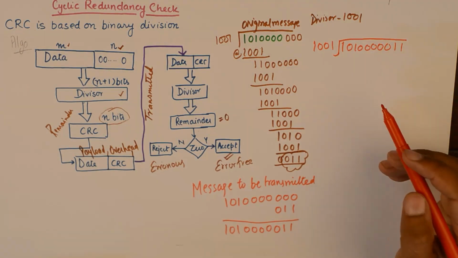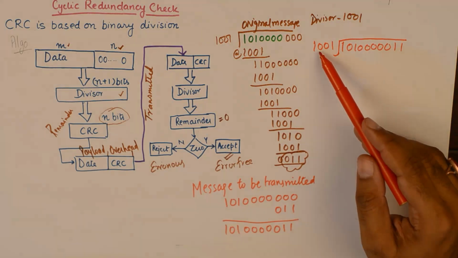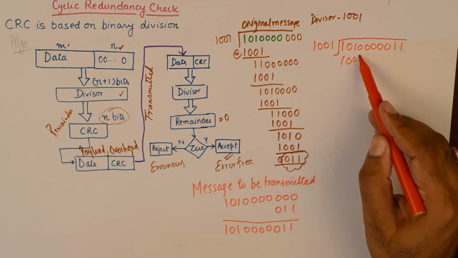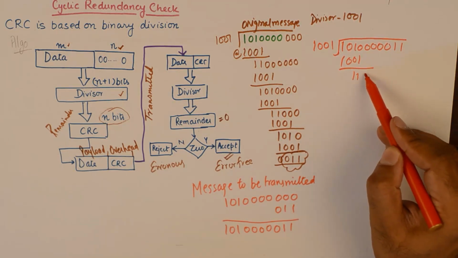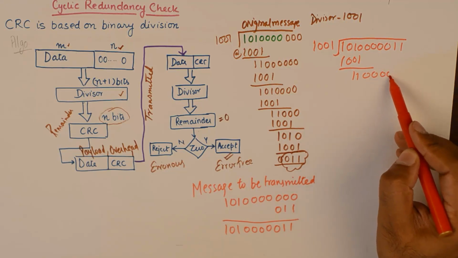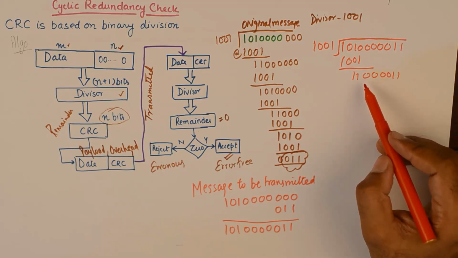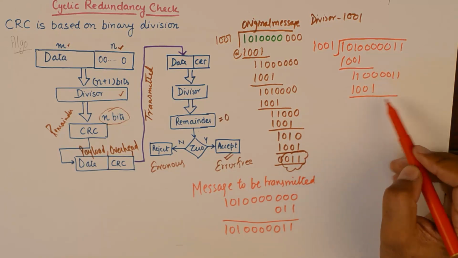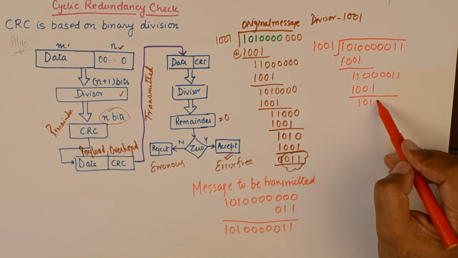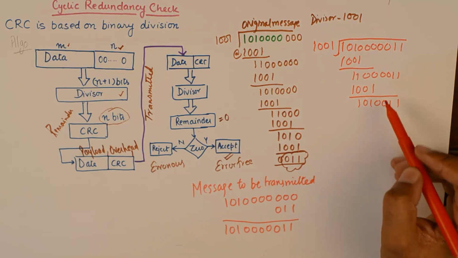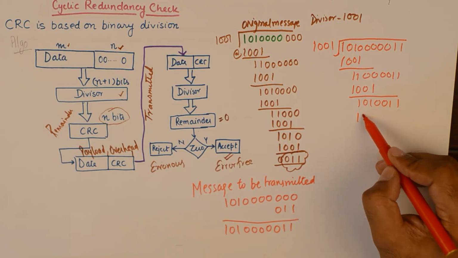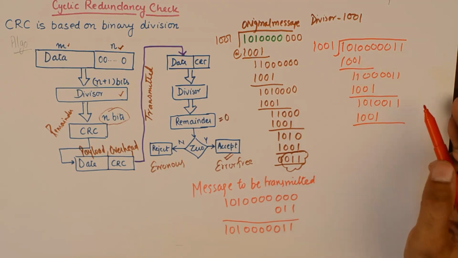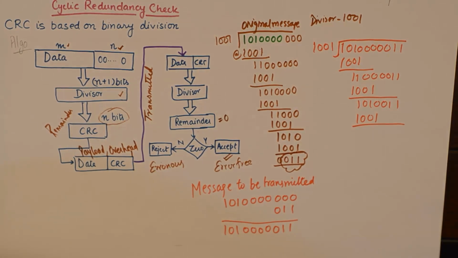So the generator polynomial will tell us that the divisor is 1 0 0 1. We always need to use this divisor. So if we start dividing this with the generator polynomial's divisor, what we expect to get is a 0 at the end, because this is what was expected out of the CRC algorithm.